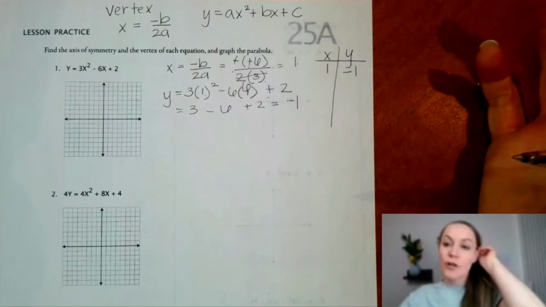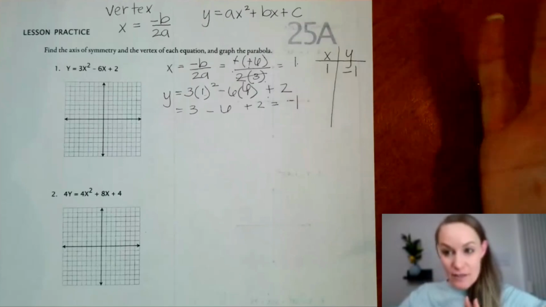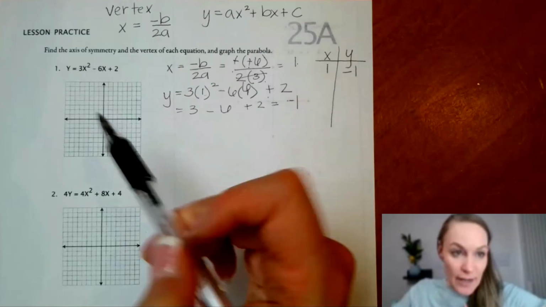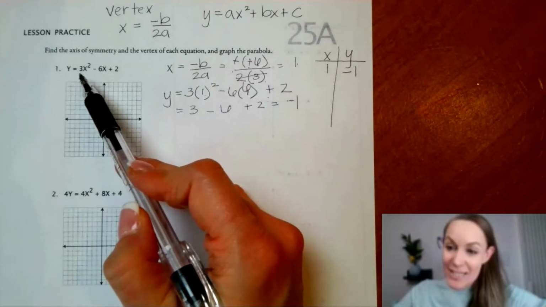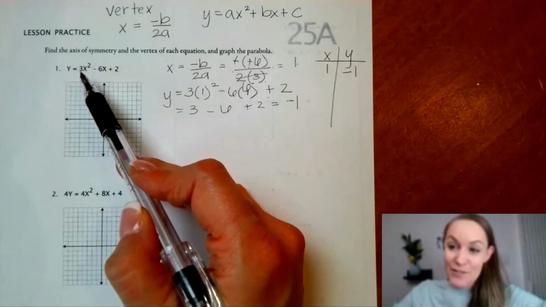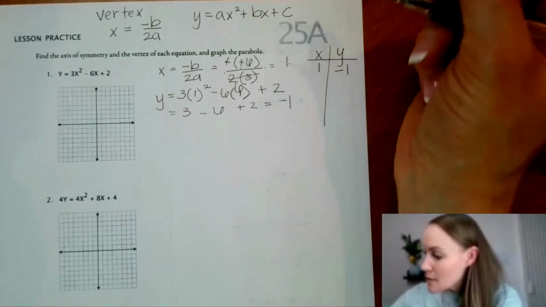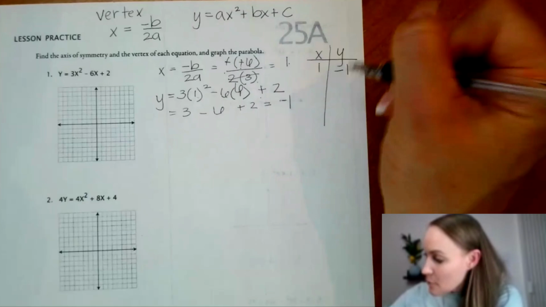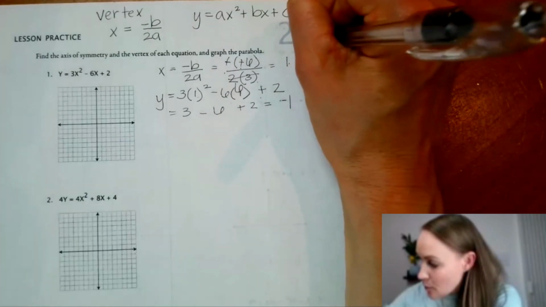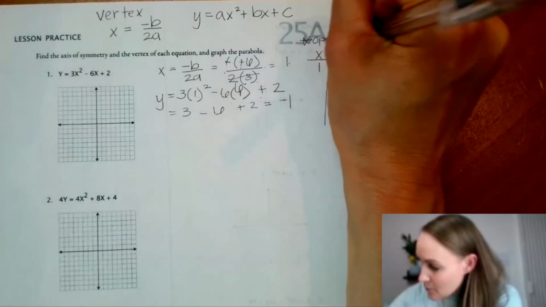Now it's helpful if we can visualize this parabola. We look at our x squared value. Is it positive or negative? It's positive, so we know that it opens up. So I'm going to write that. Opens up.